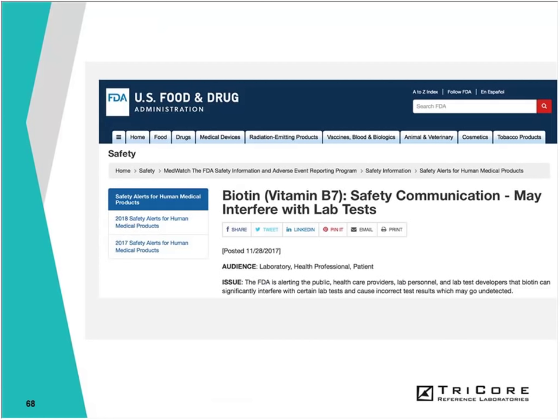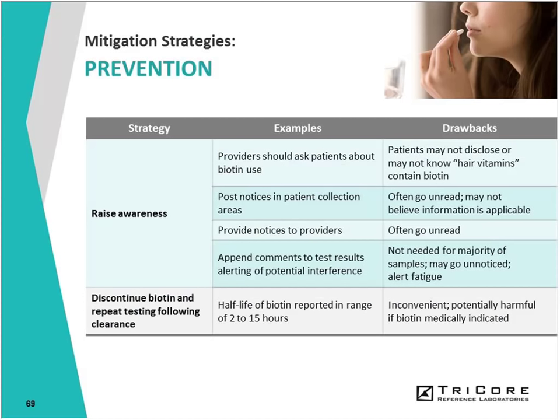And in it, they recommended increased awareness about biotin use in all affected communities, those communities being patients, care providers, and laboratorians. In their safety alert, they called for increased education and communication about the possible risks of high-dose biotin supplementation on lab tests prior to sample collection.